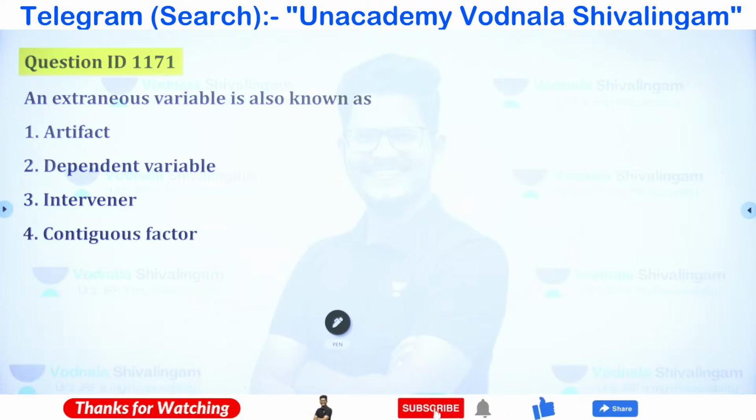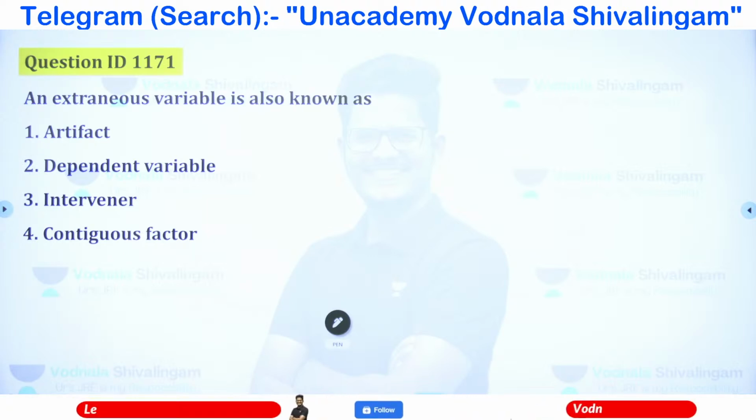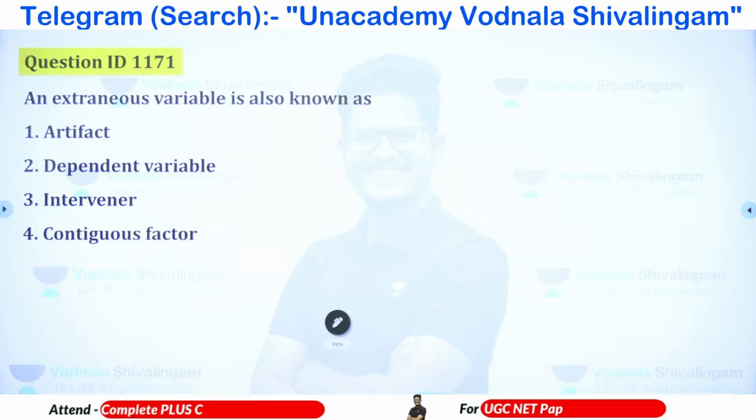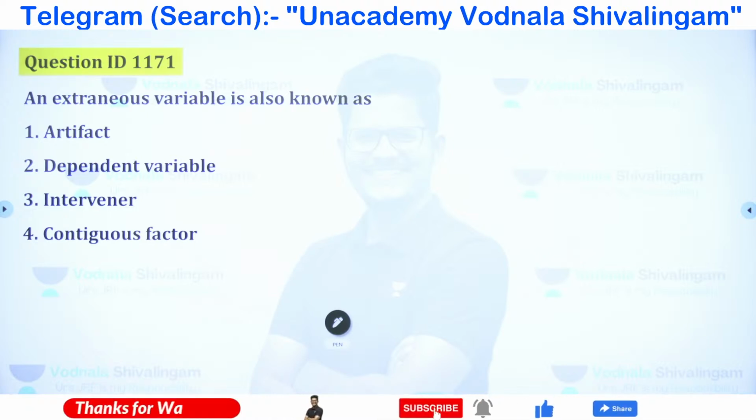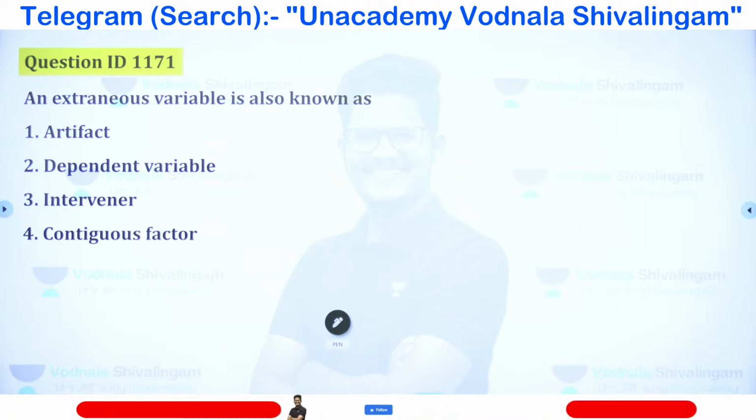An extraneous variable is also known as artifact, dependent variable, intervener, or contagious factor.